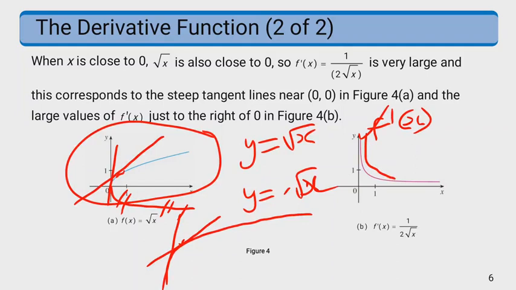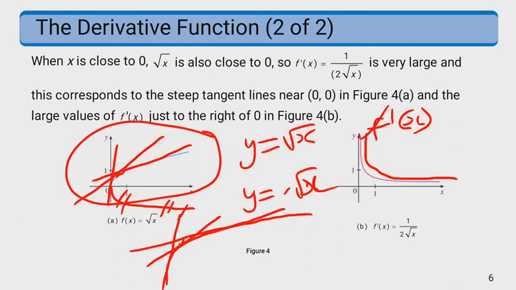If you continue on the graph, you draw another tangent line here and the slope flattens again. You draw another tangent line on this one, and the slope flattens again. That means the farther you go from 0, the graph of the derivative gets closer and closer to 0.